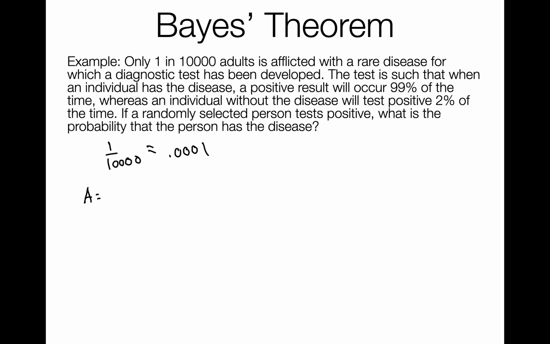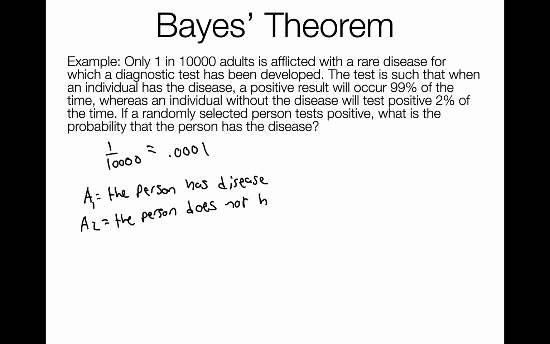If we let A1 be that the person has the disease, A2 is that the person does not have the disease.